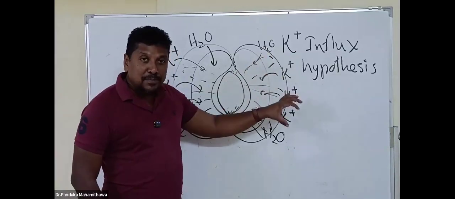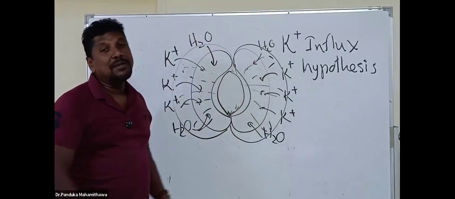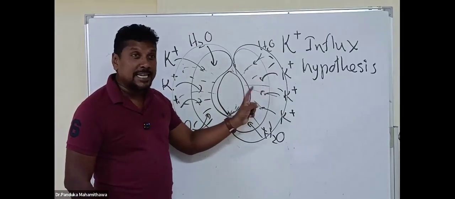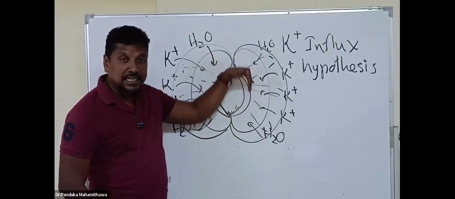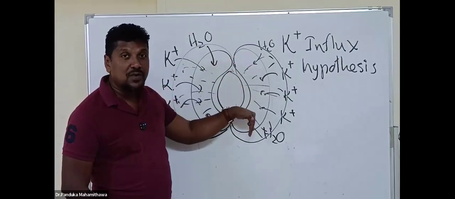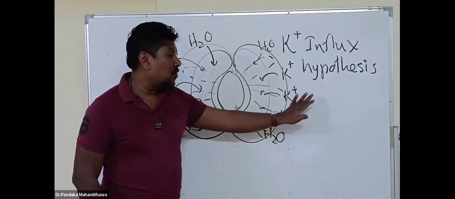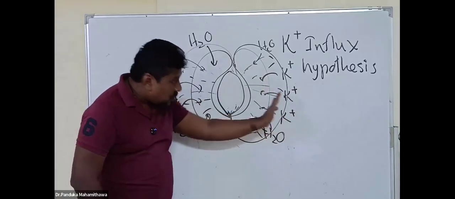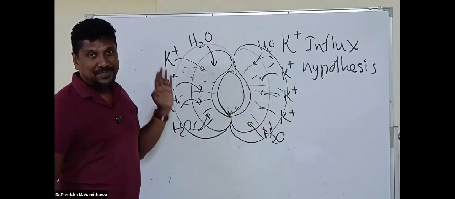Potassium ions are absorbed into the two guard cells from the surrounding epidermal cells. The potassium concentration inside the guard cells increases. Therefore, water concentration goes down, water potential goes down, and the water potential in the surrounding epidermal cells is high. So water travels from high potential to lower potential, and is absorbed into the guard cells from the surrounding cells.